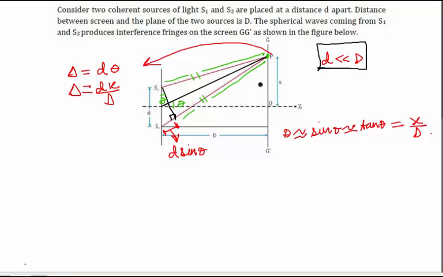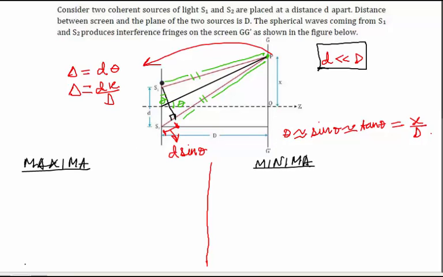Now if we want a maxima at a distance x, we can equate this path difference to n lambda. For a minima, we can equate it to 2n minus 1 into lambda by 2, that is, an odd multiple of lambda by 2. So now we'll divide the screen and do the analysis for both cases.